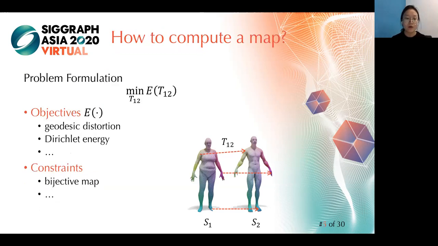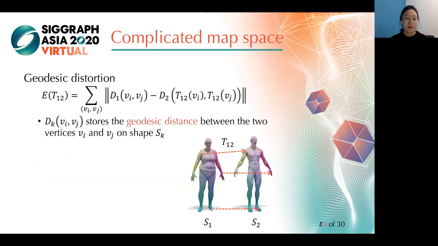In general, most of these methods try to propose an energy to define what a good map should be, such as the geodesic distortion or Dirichlet energy. And sometimes we also add hard constraints for the pointwise map to satisfy, such as bijectivity. Take one of the most commonly used energies as an example, the geodesic distortion.